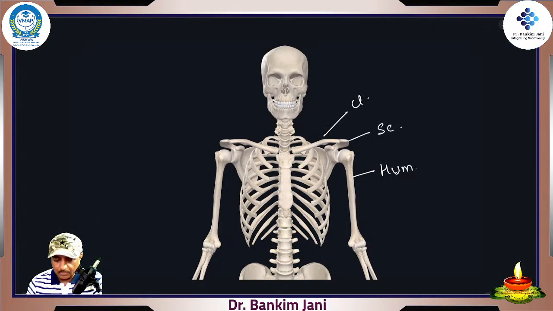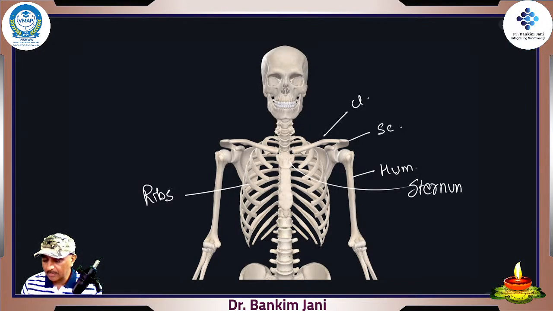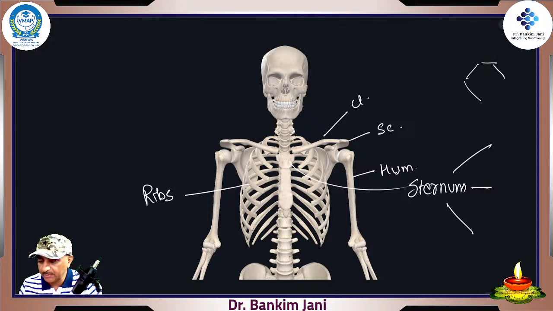And over here, we see several ribs, which form the thoracic cage. And this one is the sternum. The sternum is divided into three parts. The top portion, which is like a shield, is called the manubrium.